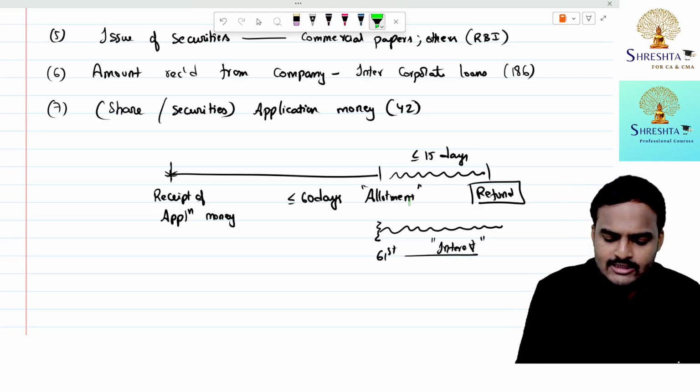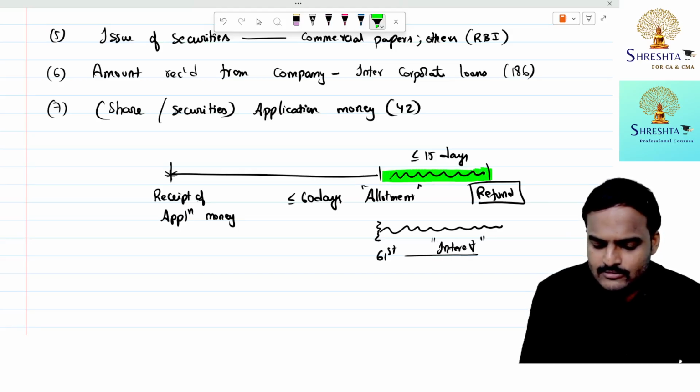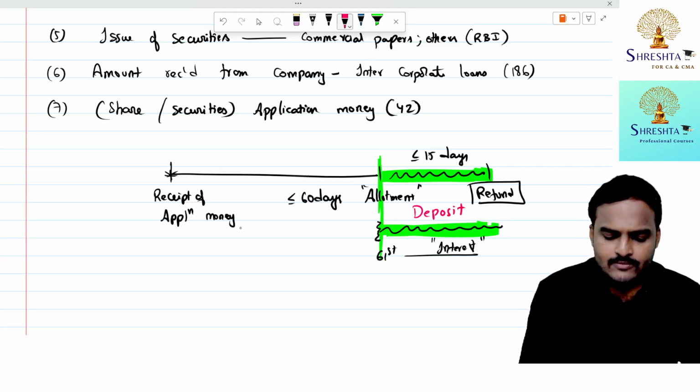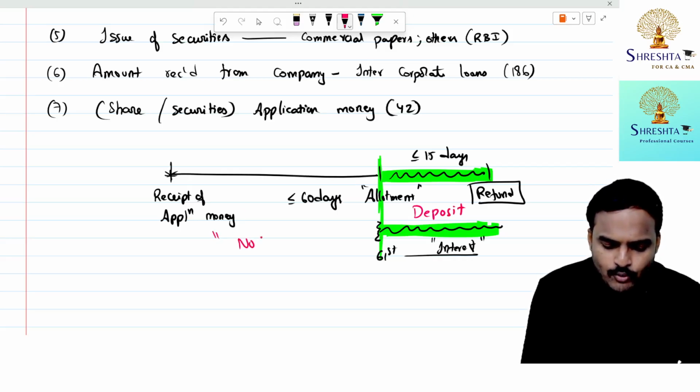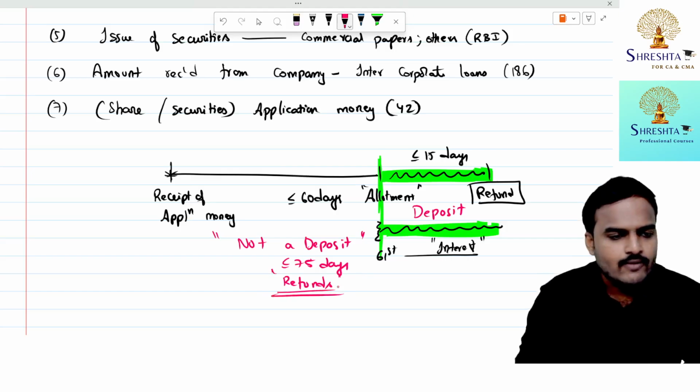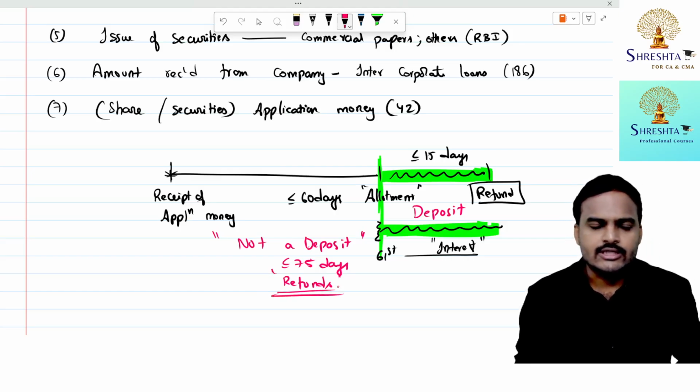And here the point is, from the expiry of the 60th day, this amount will be treated as a deposit, and not a deposit during the period of 75 days if you refund those monies within 15 days from the expiry of 60 days.